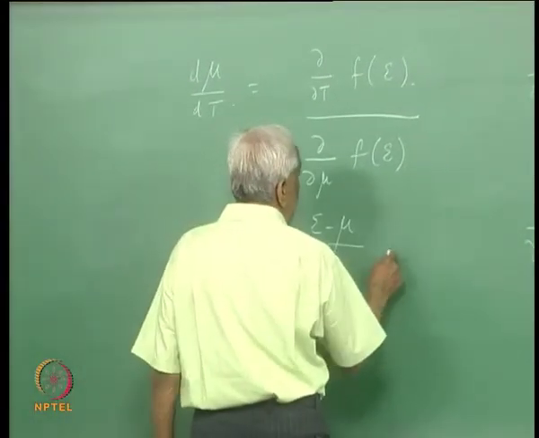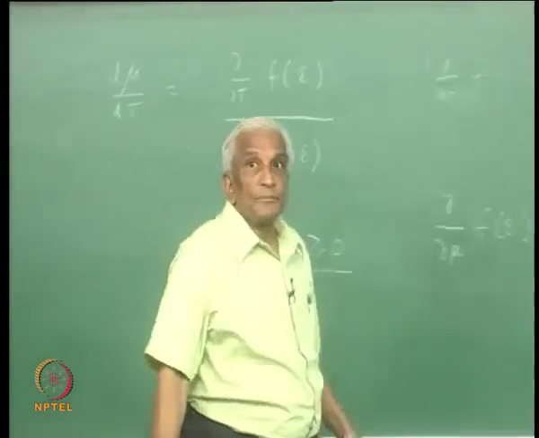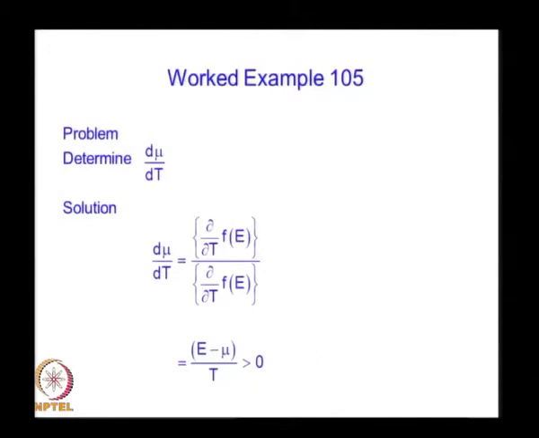Therefore, this will be greater than 0. So, that is how we determine the temperature derivative of the chemical potential.